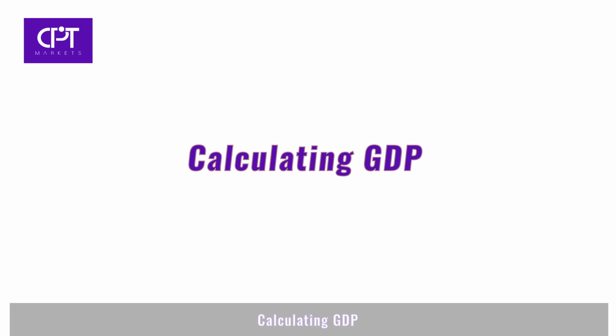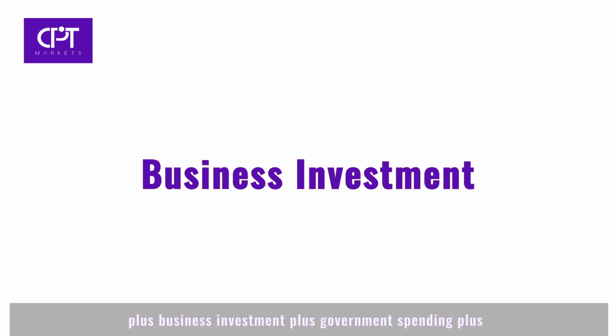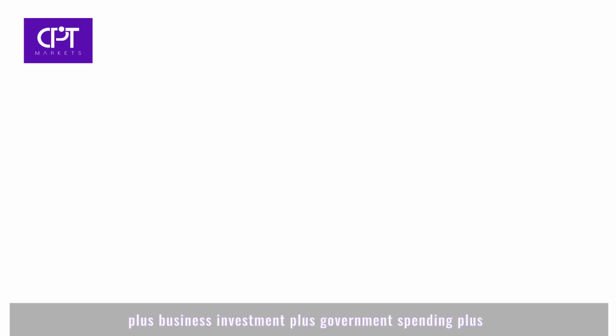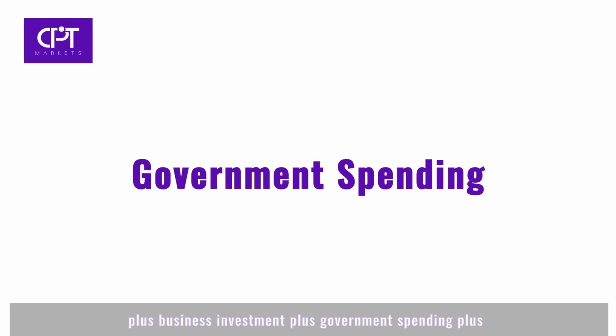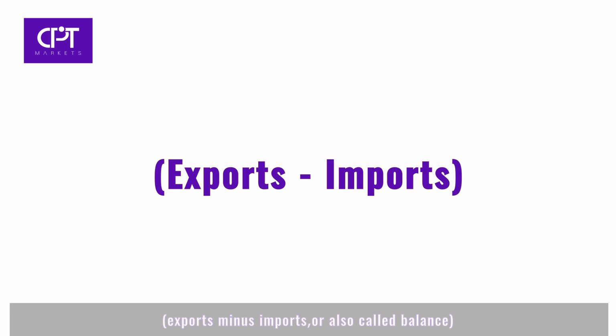Calculating GDP. The components of GDP include personal consumption expenditures plus business investment plus government spending plus exports minus imports, also called the trade balance.